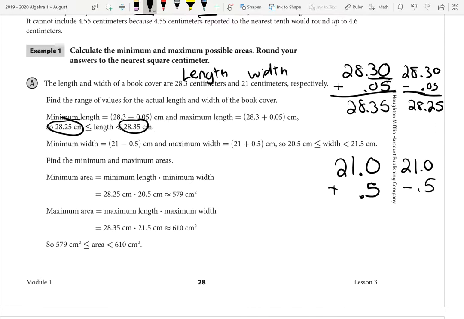So it's very important we understand the difference. Why is it we did 0.05 up here, but we're doing just 0.5 here? That's because this first one went to a tenths place, so we'd have to go to the hundredths place to add and subtract.